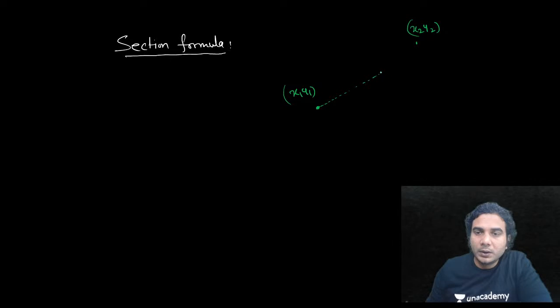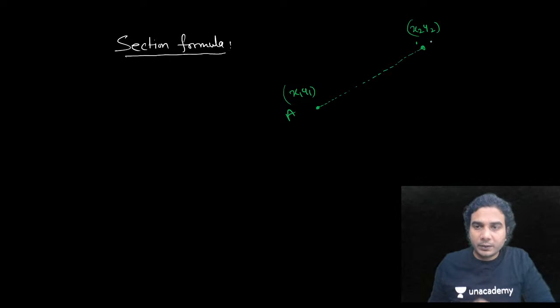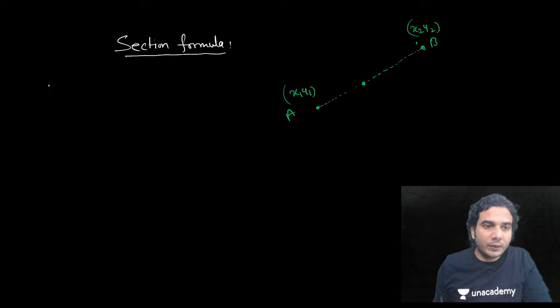I'll tell you. And what is this section formula actually? This is point A and this is point B, and P is a point which divides A and B internally in the ratio of m:n.